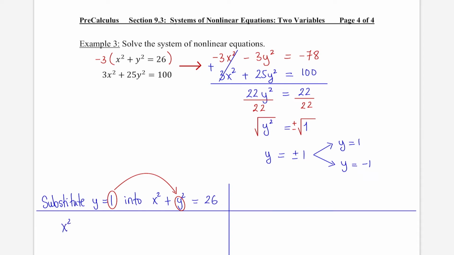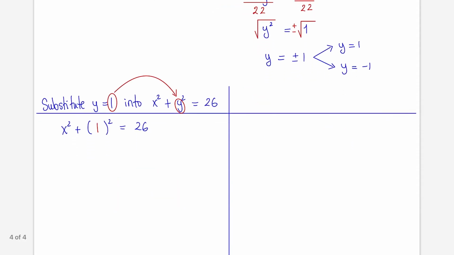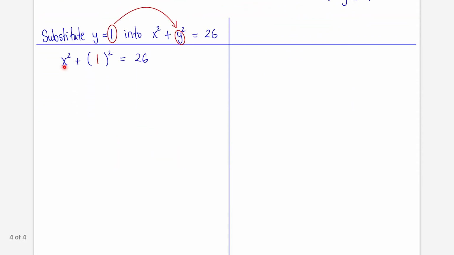I have x squared plus y squared equals 26, and y is substituted with 1. So I have x squared plus 1 squared equals 26. 1 squared is 1. So I have x squared plus 1 equals 26. In order to solve for x squared, I will subtract 1 from both sides.